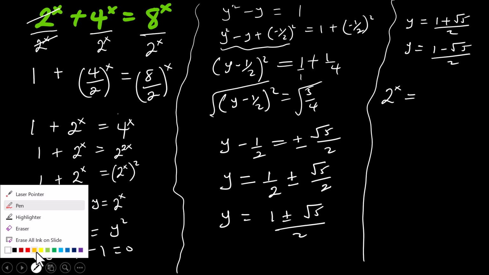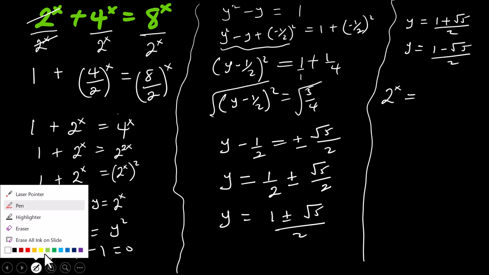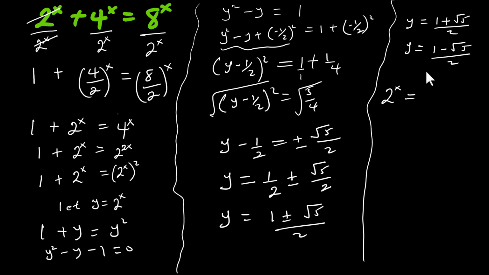In solving an exponential equation like this, you can't equate 2^x to a negative number. It means y must be greater than 0, so the negative one is not possible and we focus only on the positive one.